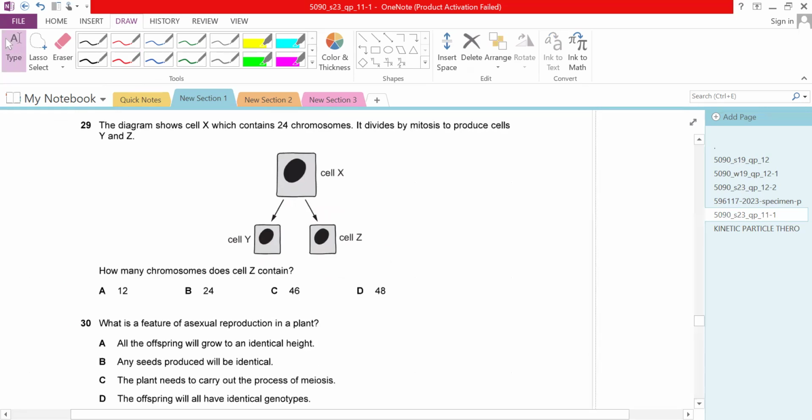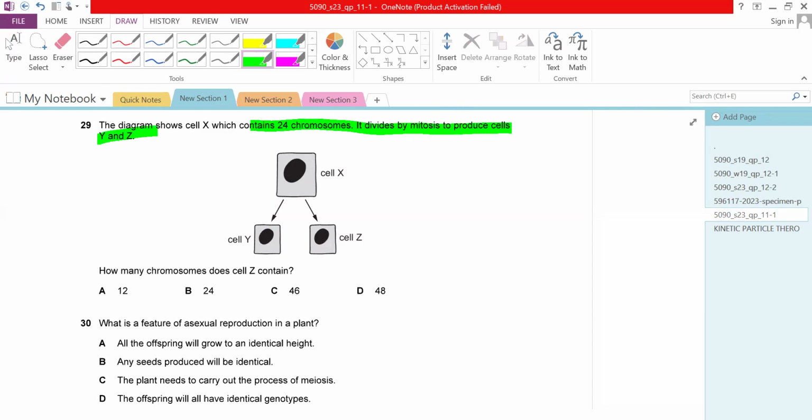The diagram shows cell X, which contains 24 chromosomes. It divides by mitosis to produce cells Z and Y. Mitosis is a cell division in which the cells are identical. The number of chromosomes is the same. 24 is the correct answer.